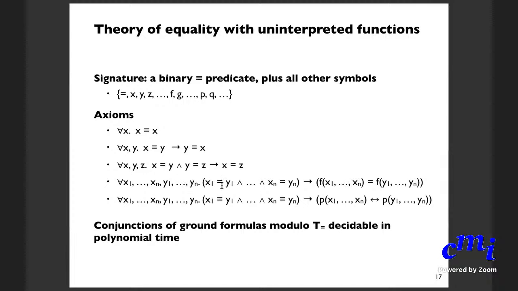That is, if the corresponding arguments are pairwise equal, and the same thing holds for all the predicate symbols as well. Except for these things, the theory does not assume anything else. These are the only basic properties.